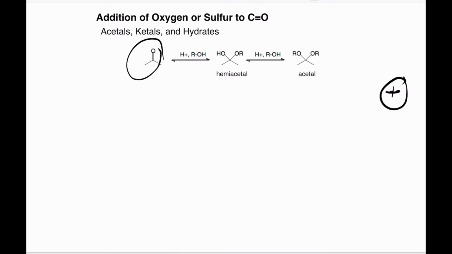We're going to have it convert into the hemi stage, and then it will continue to react all the way until it makes the full-on ketal. When I think about the acetone, you can think about it like this.